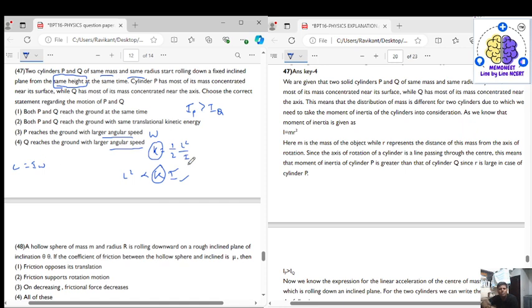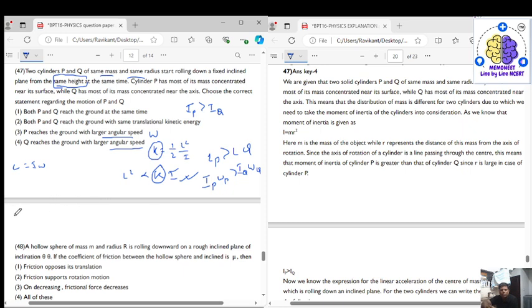So from here we can say angular momentum for P will be greater than angular momentum for Q, and I P into omega P is greater than I Q into omega Q, right?